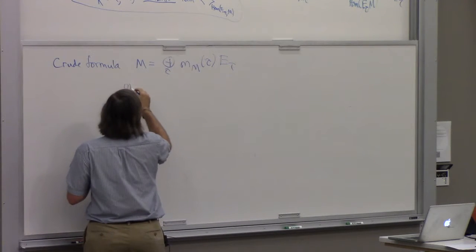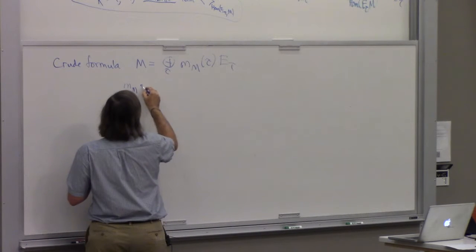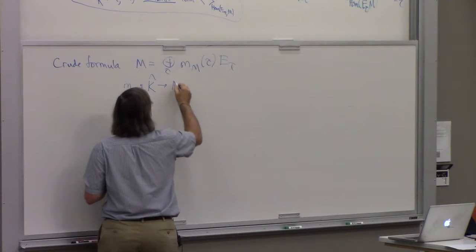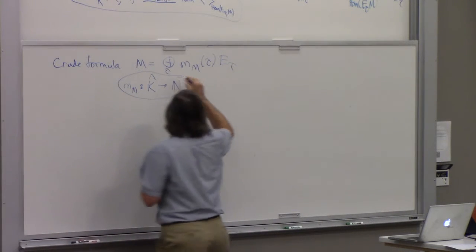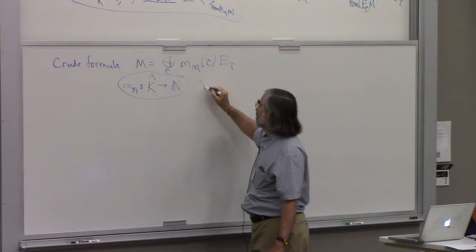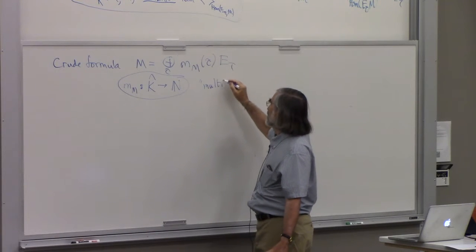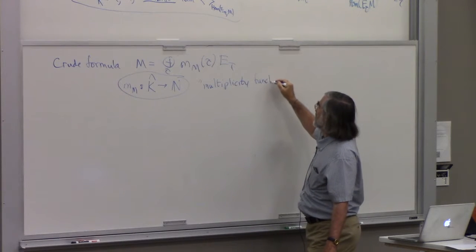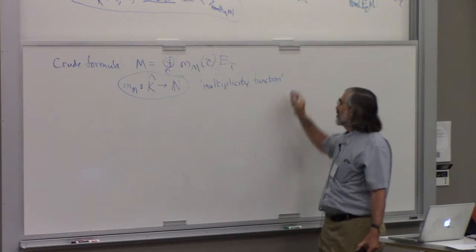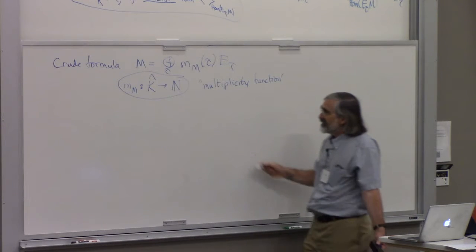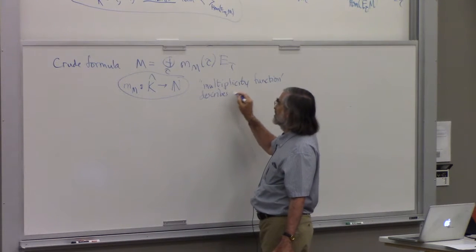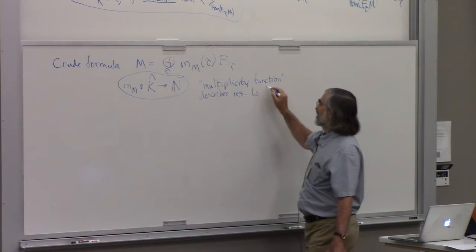So this M sub M is a function from K hat to the integers, and it's this multiplicity function. This describes the restriction to K.